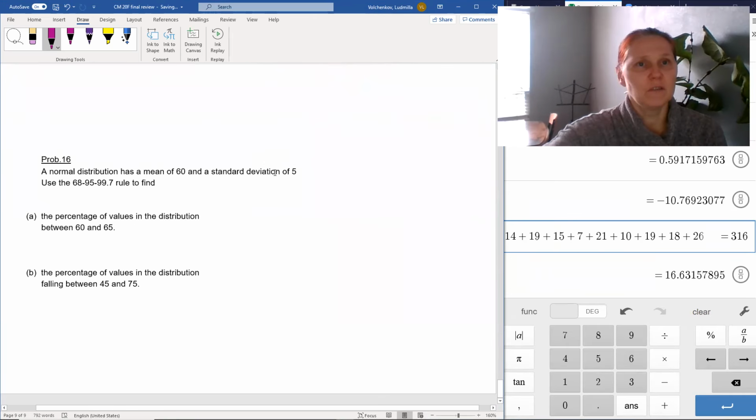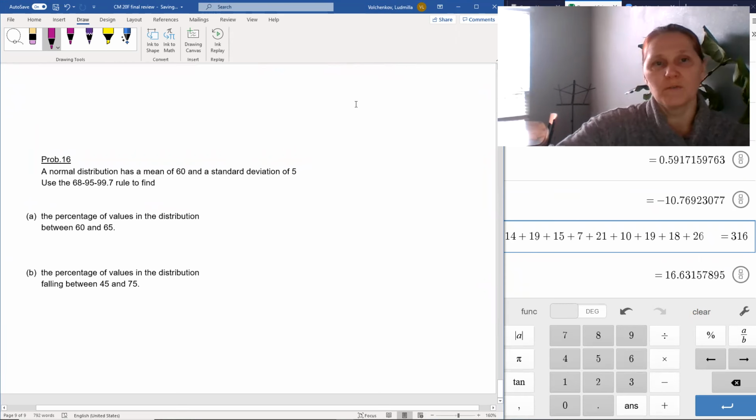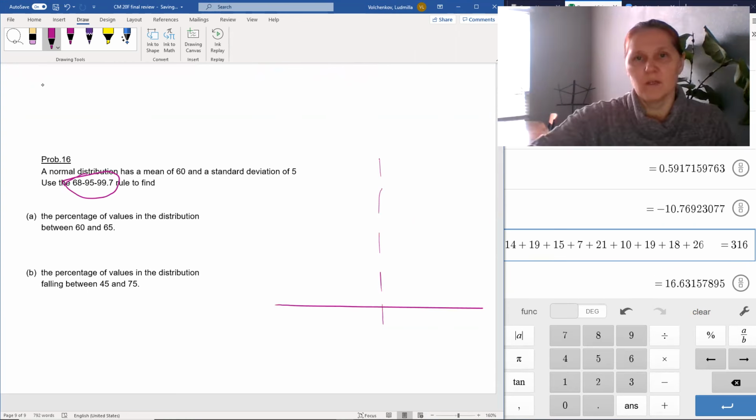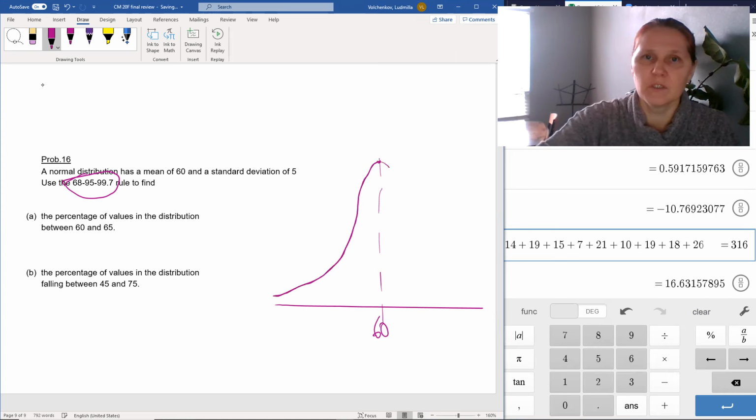And the last question here: we have a normal distribution with a mean of 60 and standard deviation of 5, and we will use the 68, 95, 99.7 rule. Our distribution has a mean at 60 and has a bell-shaped form, which is standard for all normal distributions.